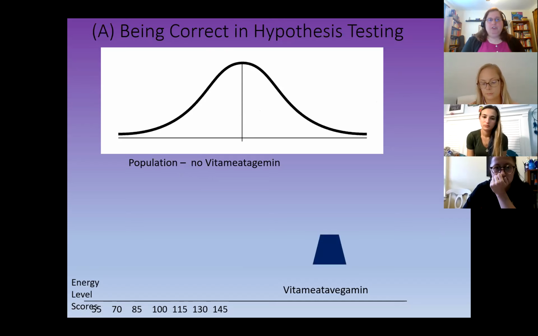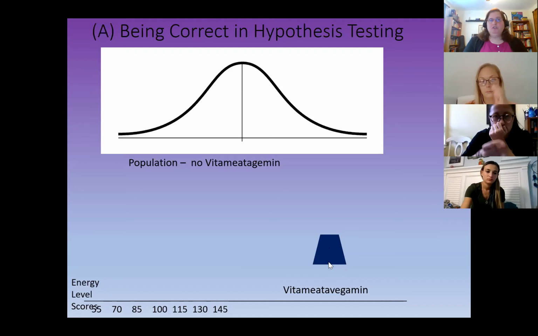So here was our population for no vitamin D regimen, right? Here's our little sample, because we only took about 200 people, we'll say, who took vitamin D regimen. And here's the result. Here's what the sample looked like on the energy level scores. So if I cut through to the mean, looks pretty high.